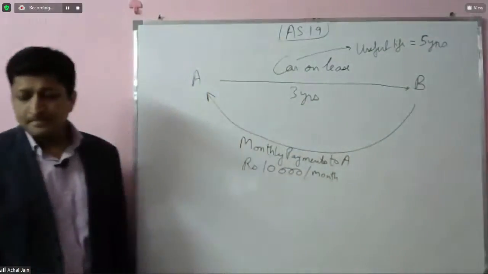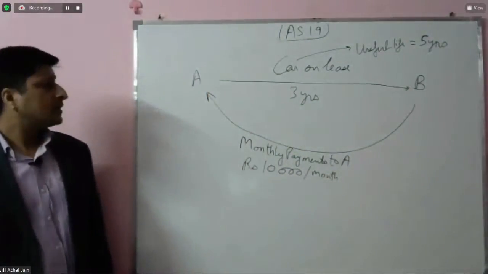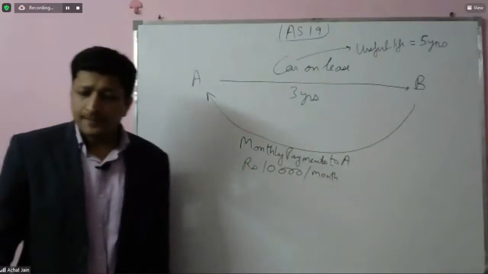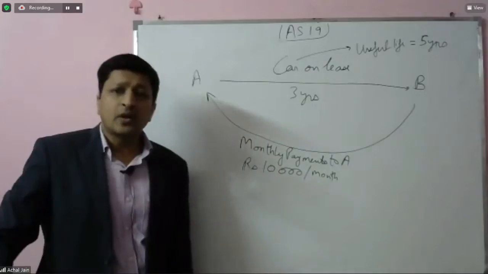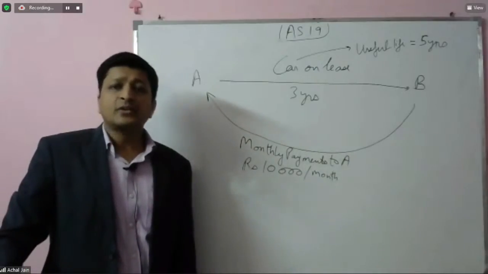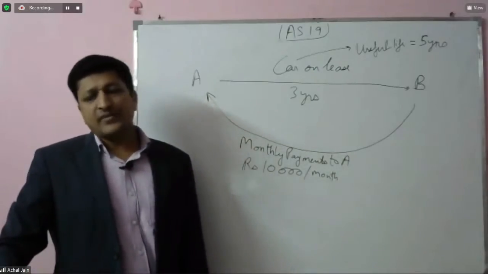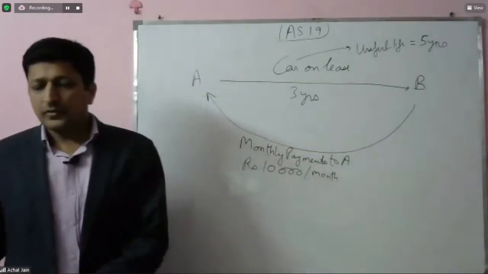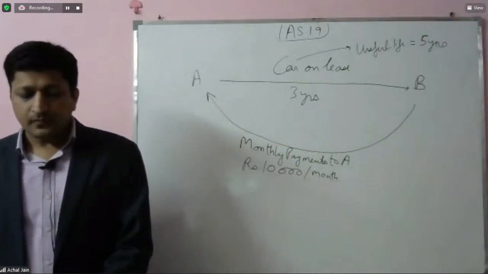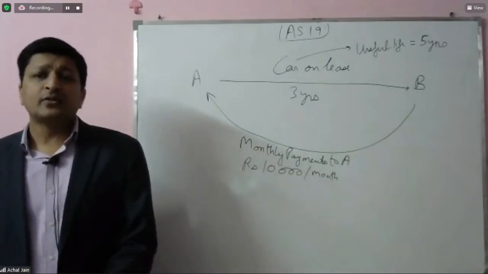Now, in this example, first of all, you need to answer whether you will call this lease as a finance lease or an operating lease. Over to you. And please try to give me the reason.